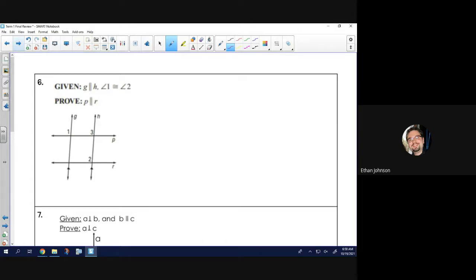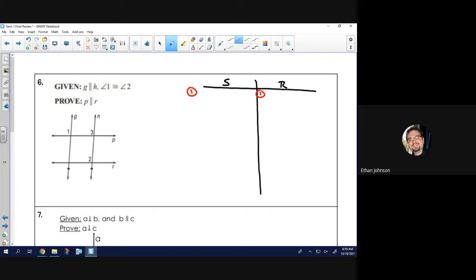So now we have some vertical angle stuff. Remember, the vertical angle stuff was the second half of Unit 2. So remember, when we can say two lines are parallel, we can use alternate interior, alternate exterior, corresponding, and same side interior.